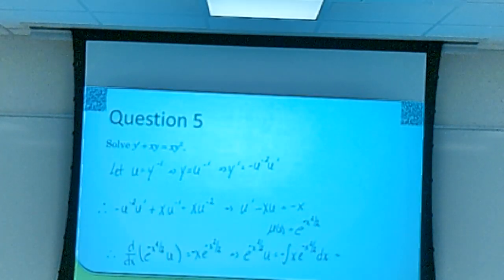V, some other letter. That's just a simple change of variable. V is negative x squared over 2. dv is negative x dx, which we already have. That just simply becomes e to the v dv, which is e to the v.